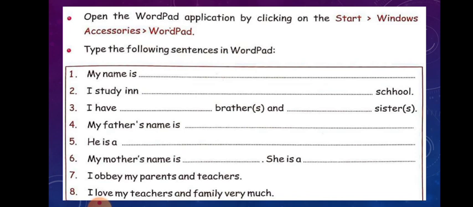When you press backspace key, the left side B will be deleted, and if you press delete key, the right side B will be deleted. So this time press backspace key and delete the B written on the left side.